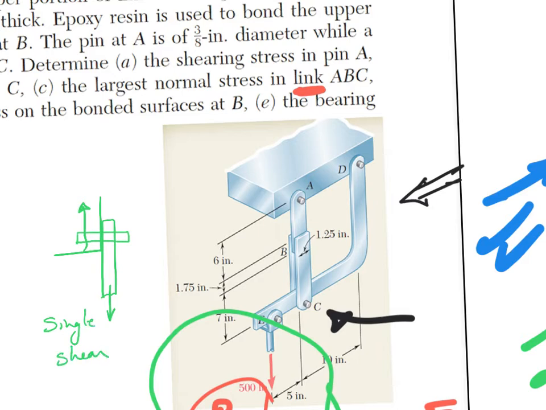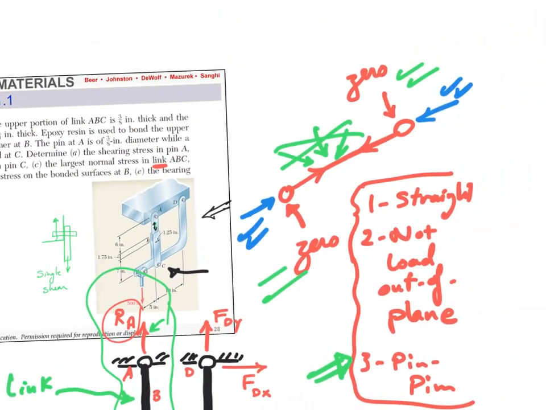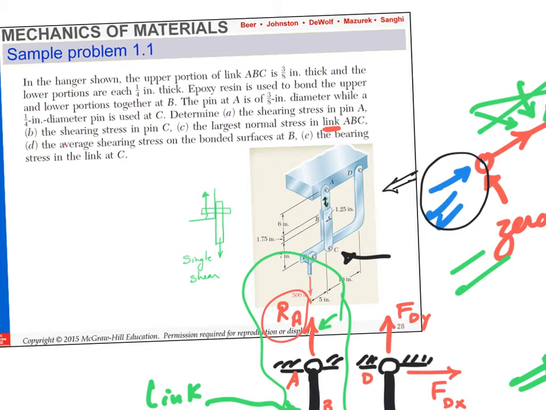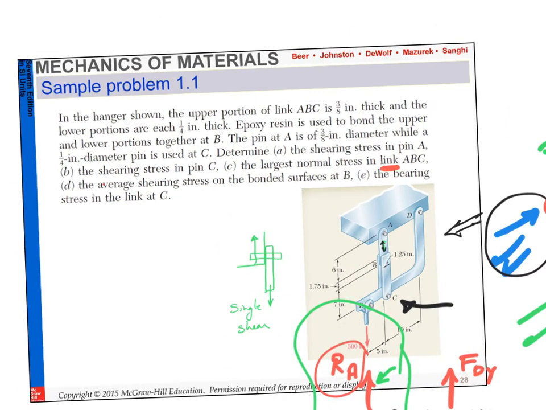How do I get the shear stress? Do I have the force here? Yes, it's RA. The whole link has a force equal to that force. Now how much force is there? We said 750. If it's single shear, how do I get the average shearing stress? P over A. What's the A? A of the pin. The pin diameter is 3/8 inch, right?